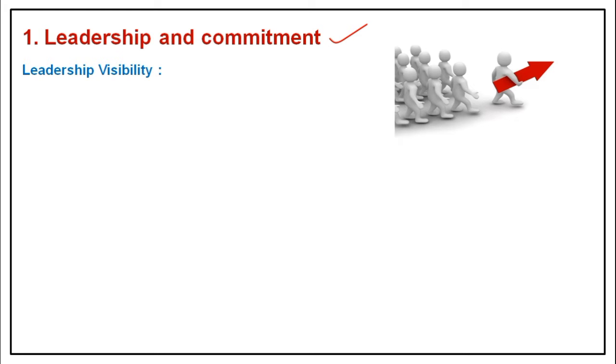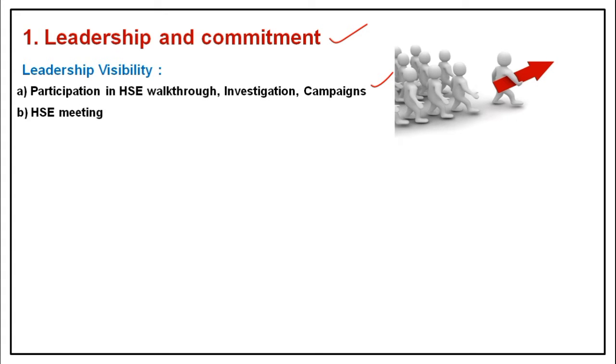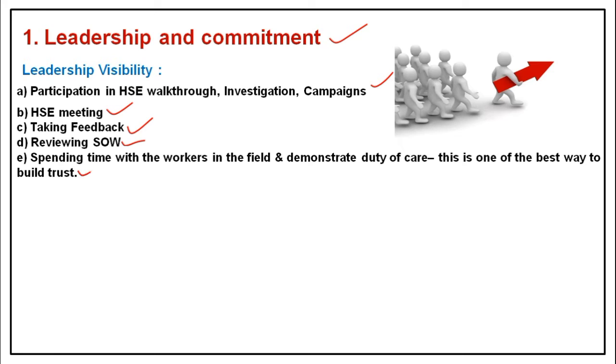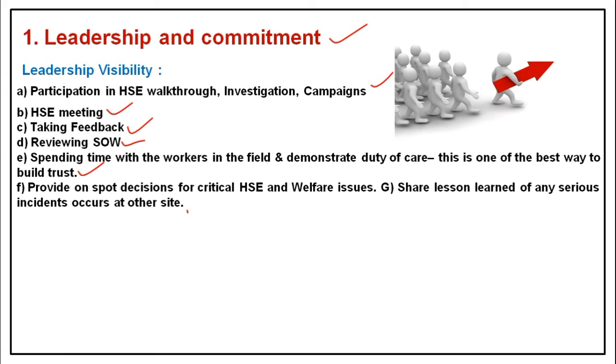For leadership visibility, for example, participation in HSE walkthroughs, investigations and conducting campaigns, also carrying out HSE meetings, taking feedback from workforce, reviewing safe system of work, spending time with the workers in the field and demonstrating duty of care. This is one of the best ways to build trust, provide on-spot decisions for critical HSE and welfare issues, and share lessons learned of any serious incidents that occur at other sites.